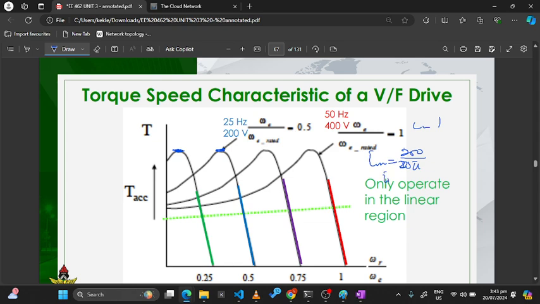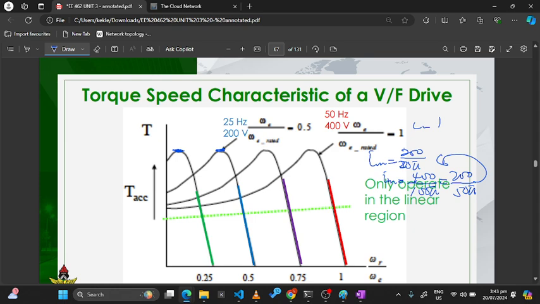Then here you are going to have 400 divided by 100 pi. And this will still be equal to 200 divided by 50 pi. Okay, so you can see Im is constant, the flux is constant.